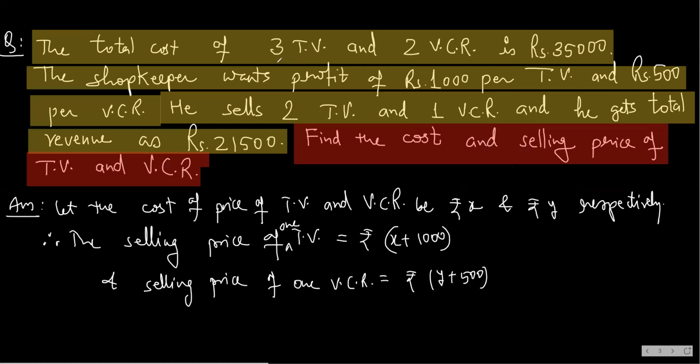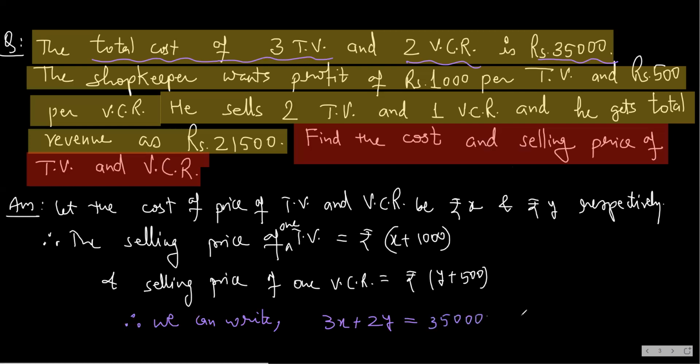The first data says total cost of 3 TV and 2 VCR is 35,000. So I will write here, therefore, we can write from the data, 3x plus 2y equals to 35,000.